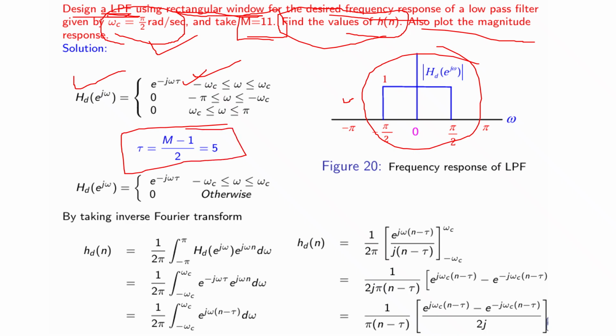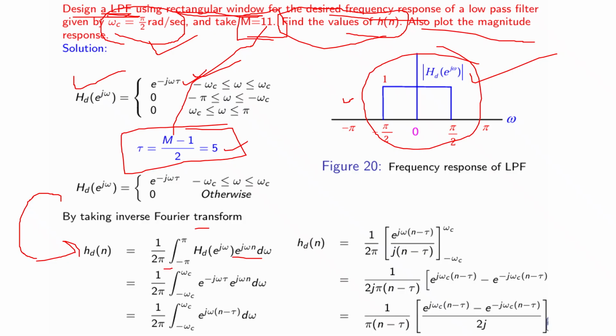M is already given, M is 11, right? So put in (11 minus 1) by 2, which is equal to 5. So this is 5. Now take the inverse transform of Hd, already given. This is your Hd. So how will you get the inverse transform? Multiply by e to the power j omega n, and integrate it over minus pi to pi.